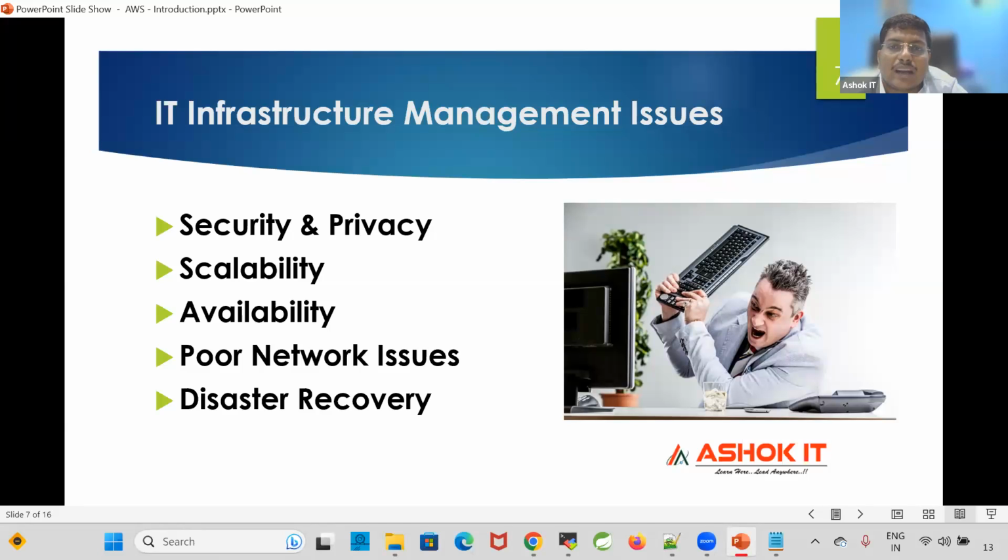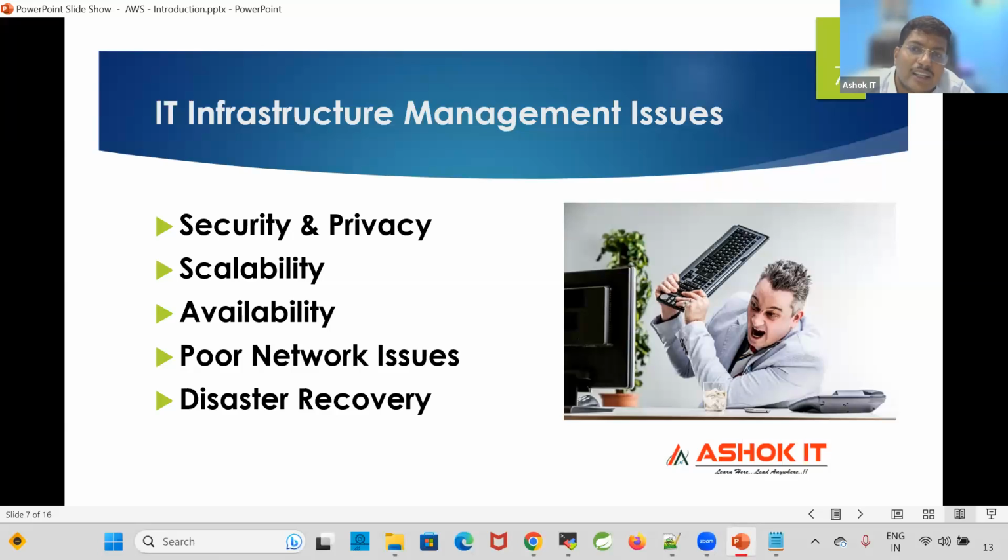Again, you need to go to market and purchase another 100 computers. For example, 100 computers you purchased, but we got only one project. We need only 50 computers. The remaining 50 computers, there is no use. So here, increasing or decreasing the infrastructure is very difficult when we go for our own infrastructure.